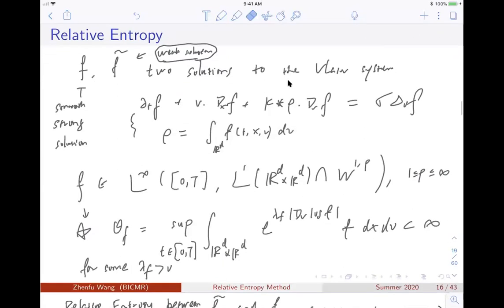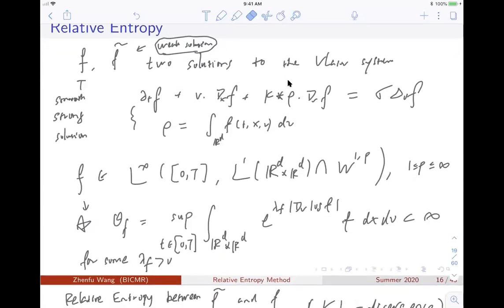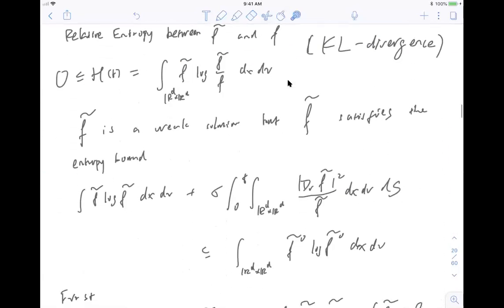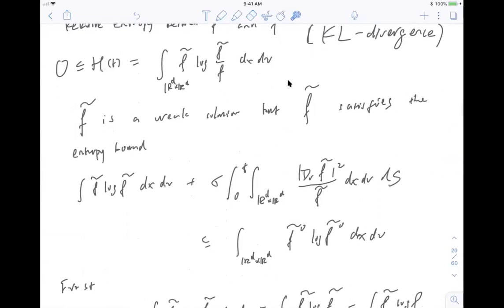Okay. So last time, let's assume we have two solutions to the Vlasov system. So this is the Vlasov system. F is a smooth solution or strong solution. F tilde is a weak solution, but we require this weak solution to dissipate entropy, which means it satisfies the following entropy inequality.